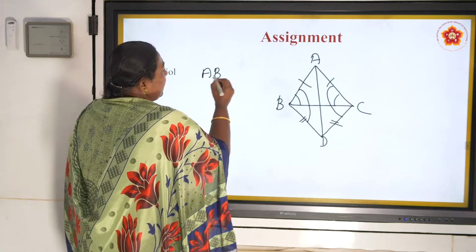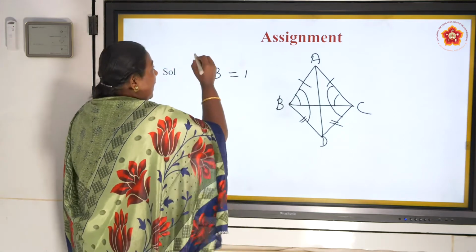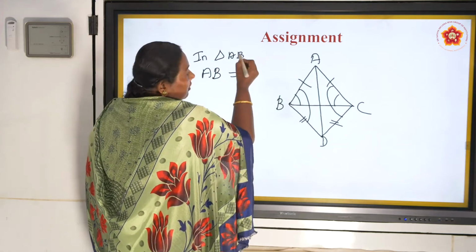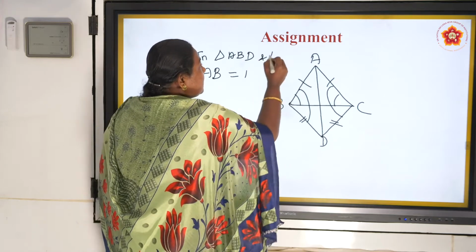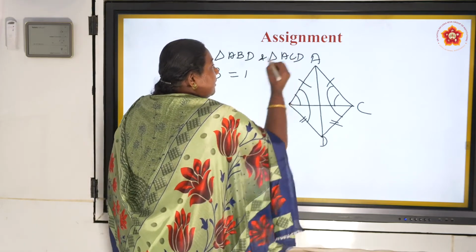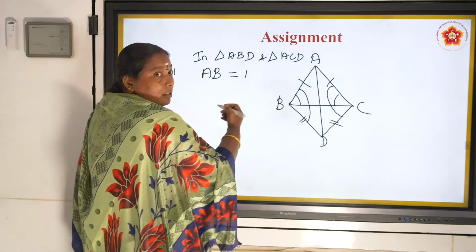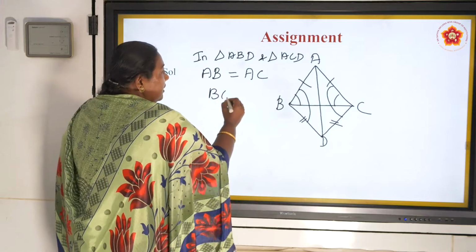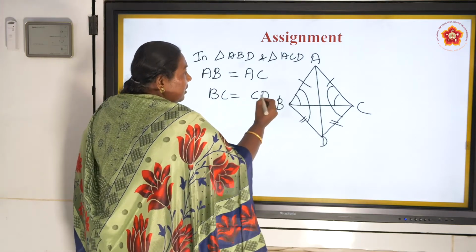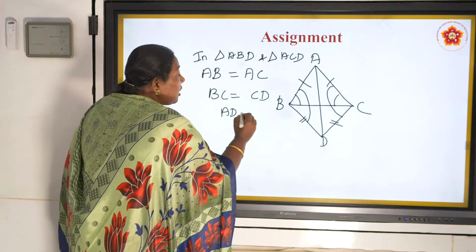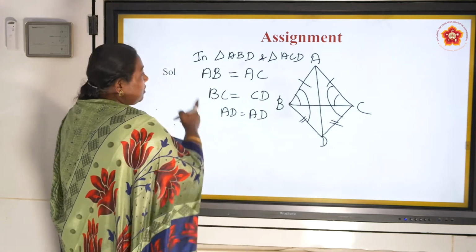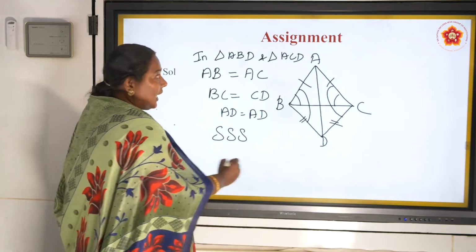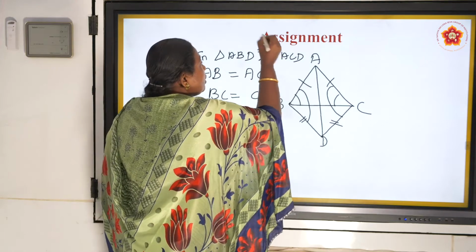First I have to write which triangles I am talking about: in triangle ABD and triangle ACD, AB is equal to AC and BD is equal to CD and my AD is standing common. So by SSS congruency, I can tell that both the triangles are congruent.